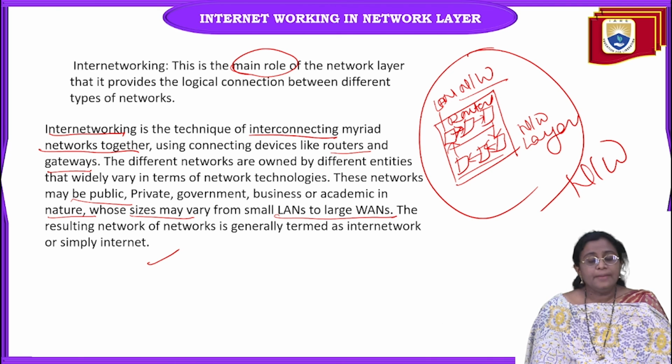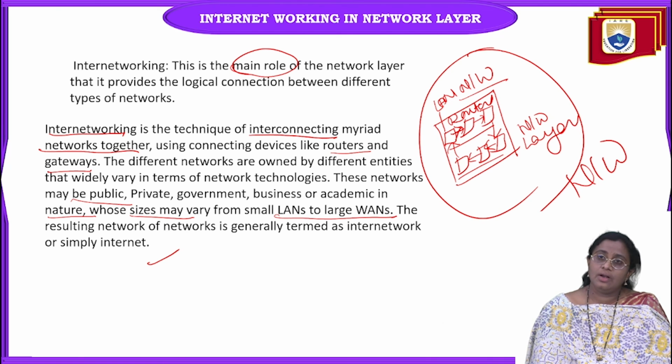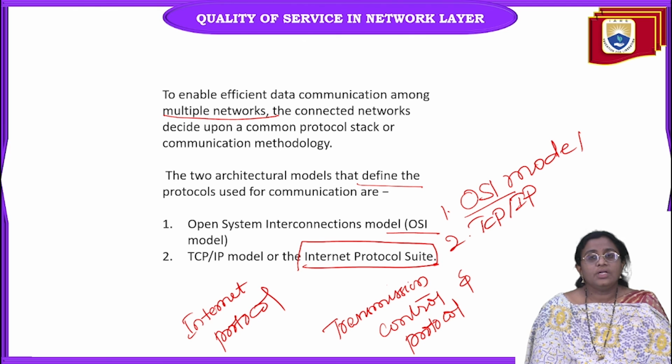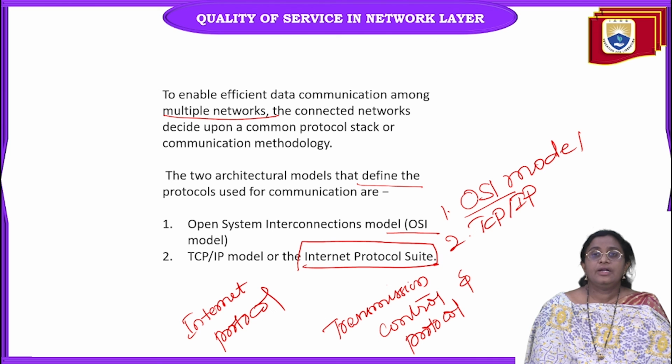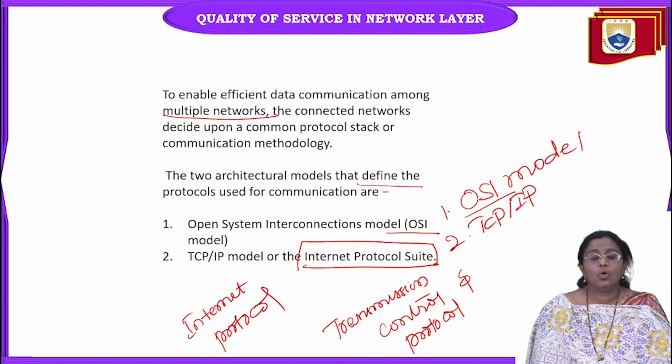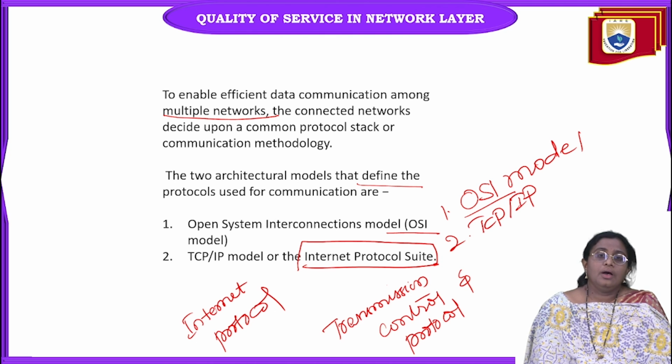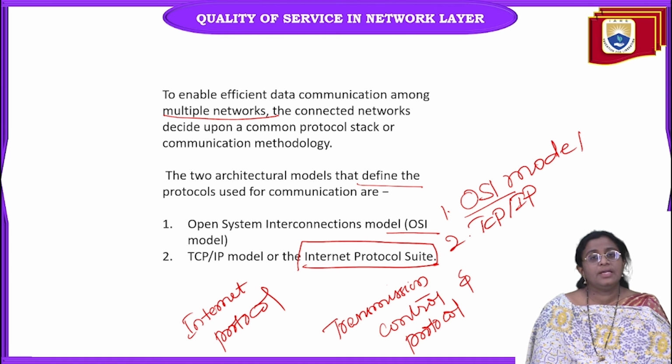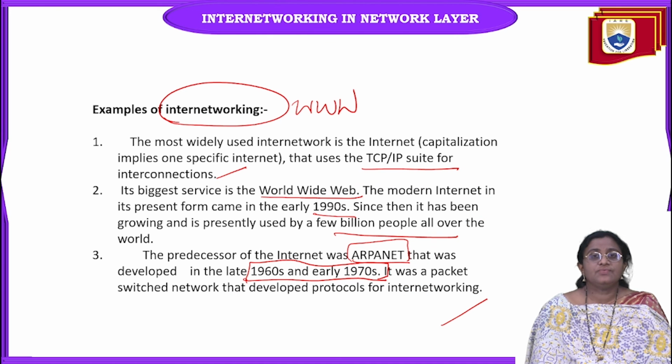What are the types of internetworking, like LANs and large WANs, and what are the two architectural models that are useful for different communications: the OSI reference model and the TCP/IP model, that means Transmission Control Protocol and Internet Protocol. Another name for the TCP/IP model is the internet protocol suite.